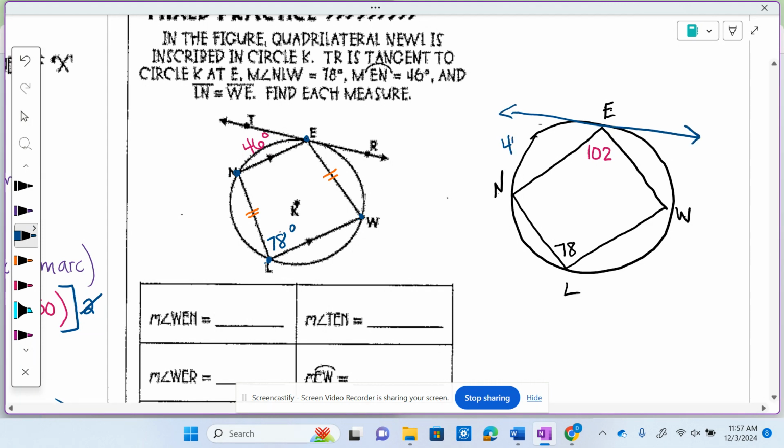Okay, I'm just going to talk about this for a second. If this is 46, let's look at this angle. Angle NLW intercepts this whole arc right here. You kept telling me that the angle is half of the arc, right? So the angle, 78, equals half of the arc it intercepts.